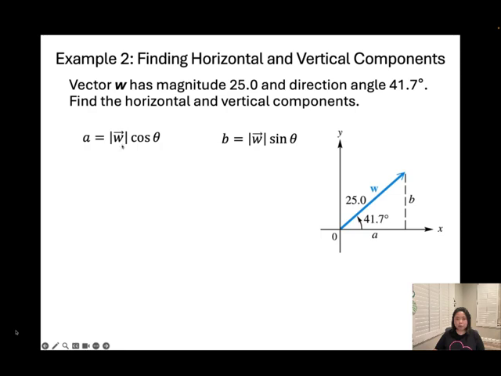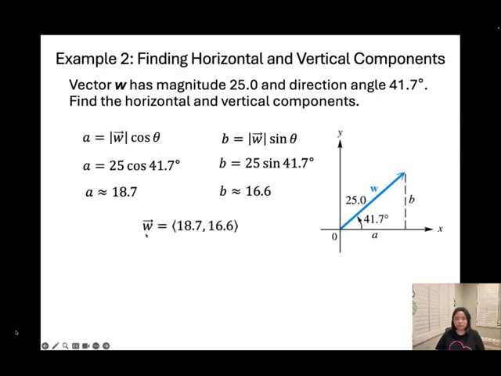So the magnitude of w is 25, theta is 41.7. Use your calculator. You're going to get 18.7. Do the same thing for the b. Plug it in. You're going to get b equals 16.6. So that will be the coordinate of the vector w.